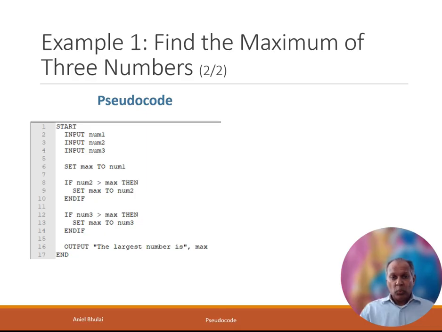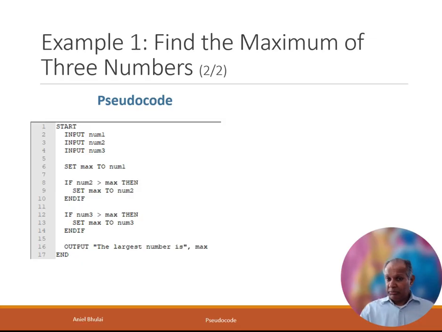In lines 1 to 4, we ask the user for three numbers. Then in line 6, we assume that the first number is the maximum. In lines 8 to 10, we compare the second number with the first number that we assume to be the maximum.